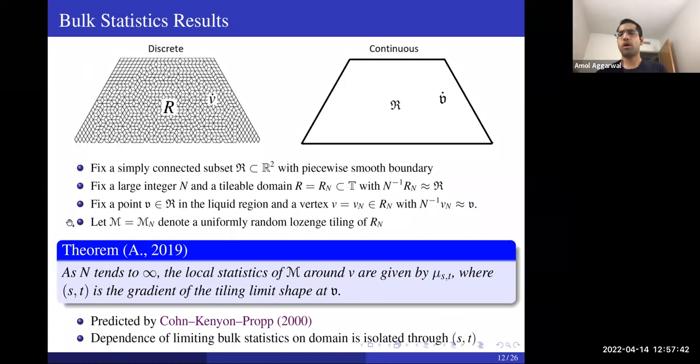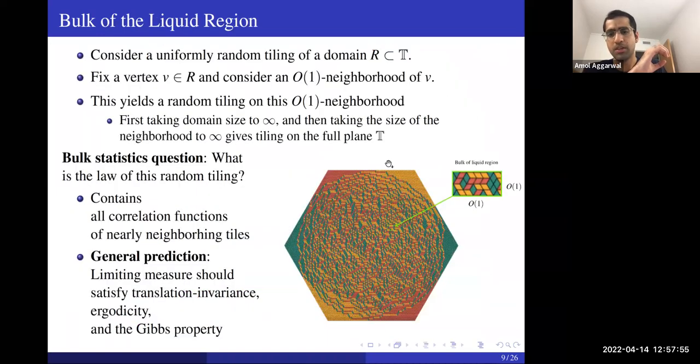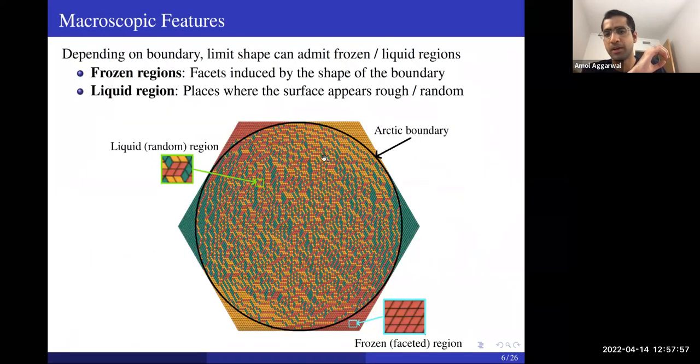It will depend on where your vertex V is. If your vertex V is of distance some d from the Arctic boundary, so you have this Arctic boundary, of course if your V is here, then your S and T are definitely going to be trivial. If you're inside the Arctic boundary, then your S and T are going to be bounded away from 1.